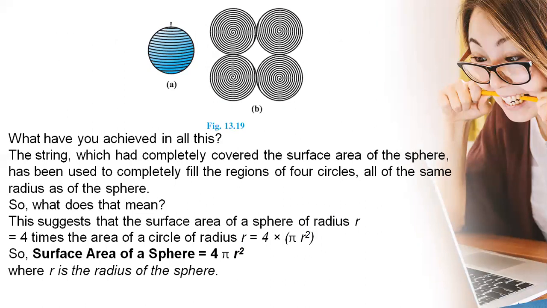So, this suggests that the surface area of the sphere of radius r is 4 times the area of the circle of radius r, which is equal to 4 pi r square. So, surface area of a sphere is equal to 4 pi r square, where r is the radius of the sphere.